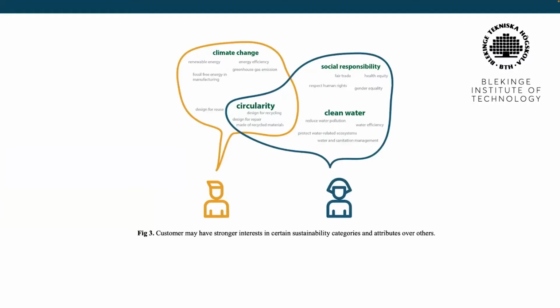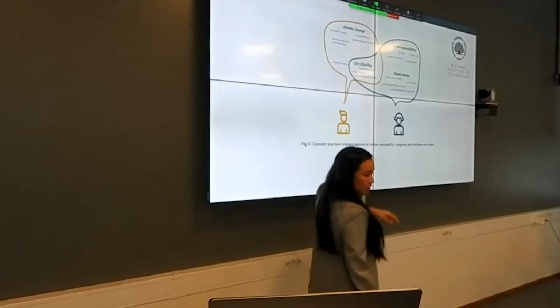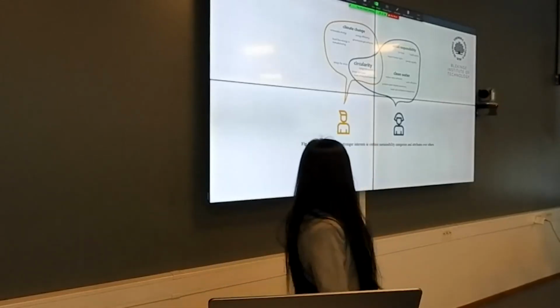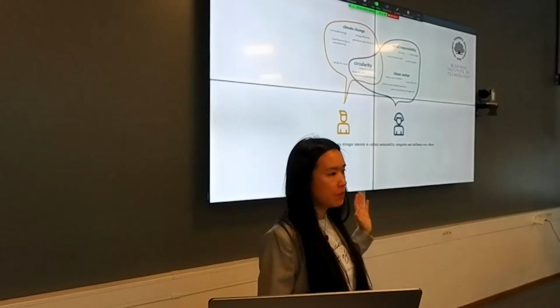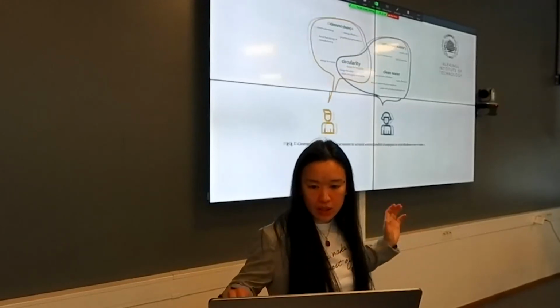And those smaller words in gray are subcategories of this bigger sustainability category, or I can call them attributes. For example, design for repair is under circularity. So you can see that the preference of different people vary.